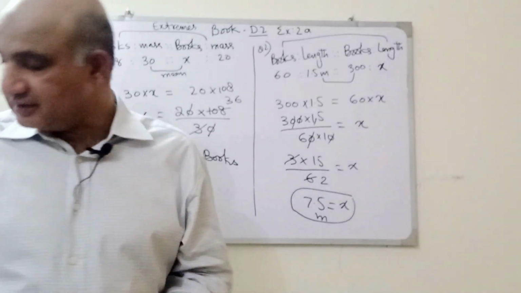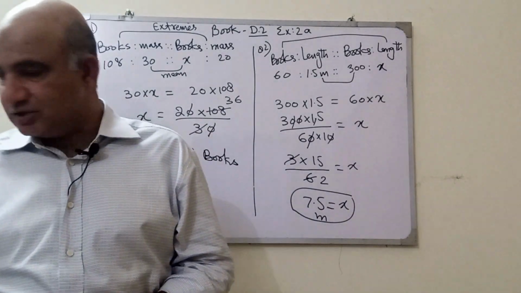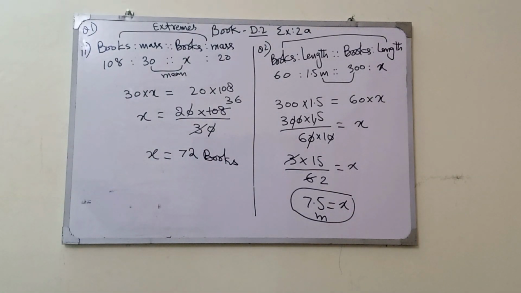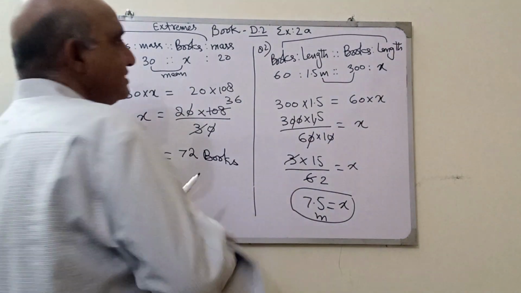I'm going to solve the second part of the same question as well. In the second part, let me check what it is saying. Now he is saying 80 centimeter.